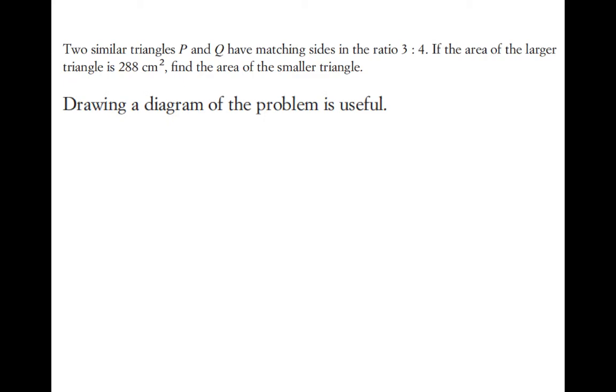First step is draw it out. We're visual people, we like to draw it out. We've got one triangle called P, one triangle called Q. They have the matching sides ratio of 3 to 4, so I would just put a 3 and a 4 down. And we know that this area is 288 centimeters squared.